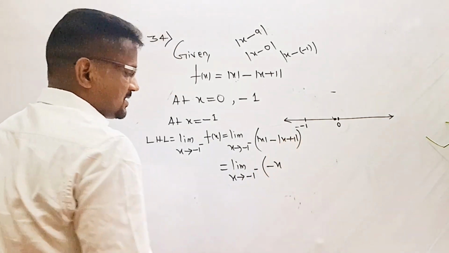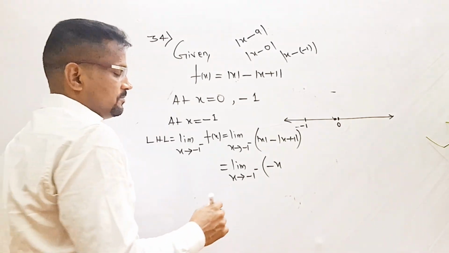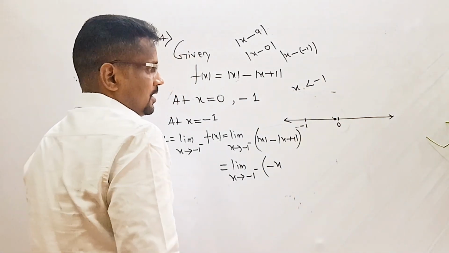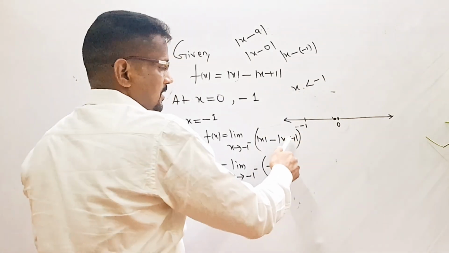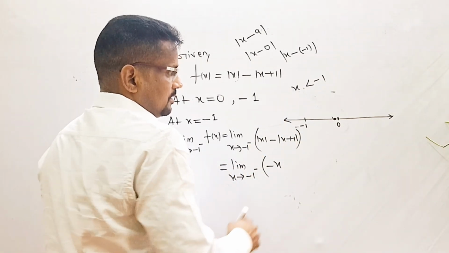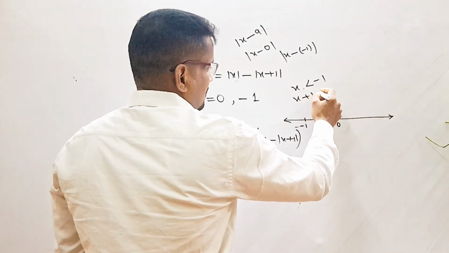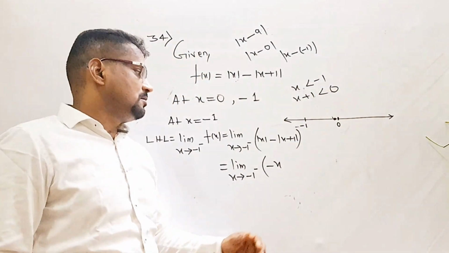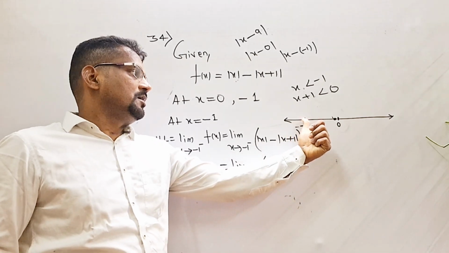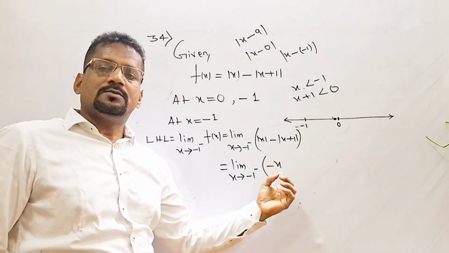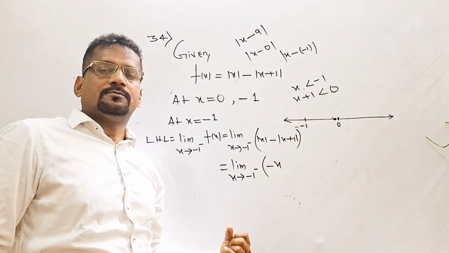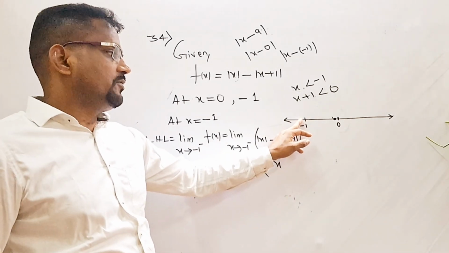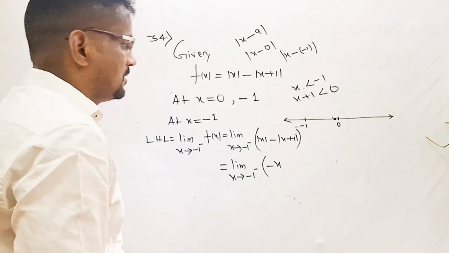And here also, if x is just less than negative 1 and you add 1, then x plus 1 is also less than 0.